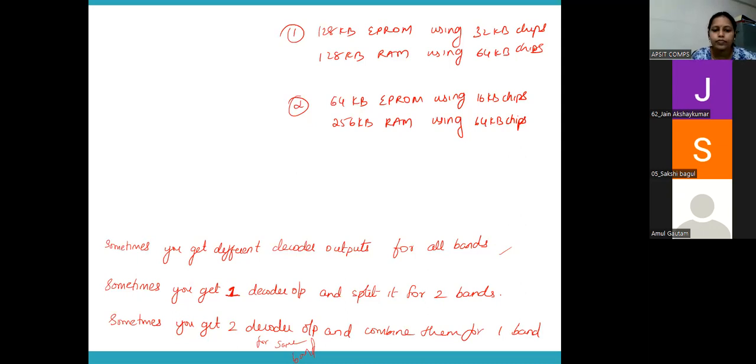Whoever I ask will share your screen and show me the memory map. One person will show the first question and the other person will show the second question. But you should have the memory maps of both these examples ready. Once you understand this memory map, you will be able to design the circuitry. That's very easy to design, but you need to get the crux.